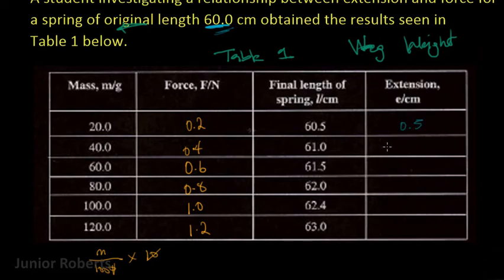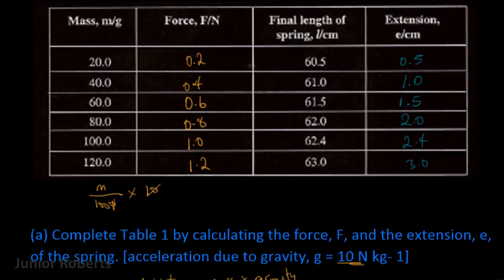Our extension here would be 1.0, here 1.5, because again we're subtracting the original length from the final length in each case, and 61.5 minus 60 centimeters gives us 1.5. Then this one will be 2.0, here 2.4, and here 3.0. And that's our table completely filled out. So let's move on and see what else the question wants us to do.